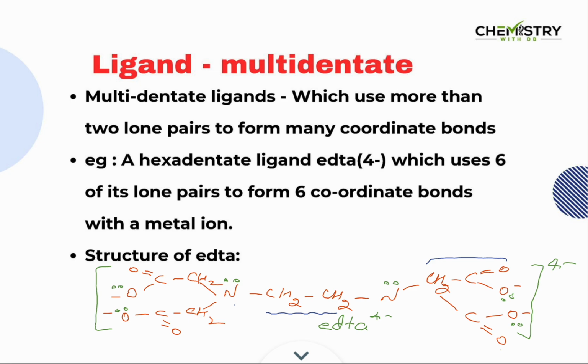Now in this one you have lone pairs: 1, 2, 3, 4, 5 and 6. Six lone pairs here. So these six lone pairs are used to form six coordinate bonds with a metal ion. This is why EDTA is known as a multidentate ligand.